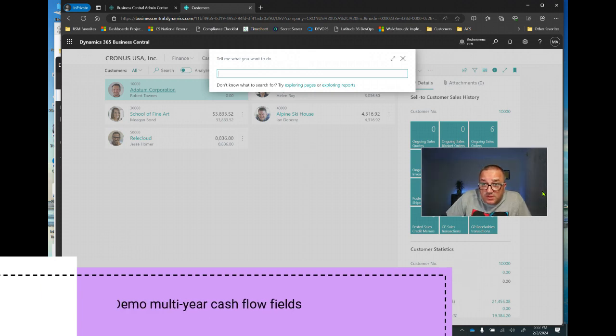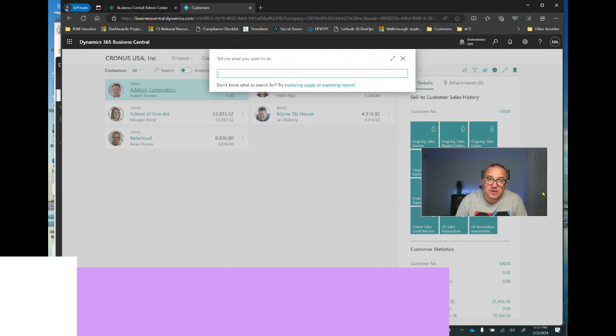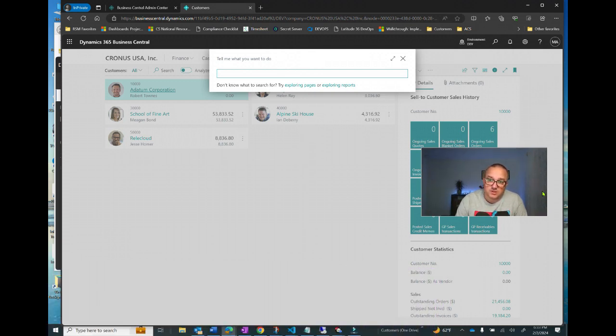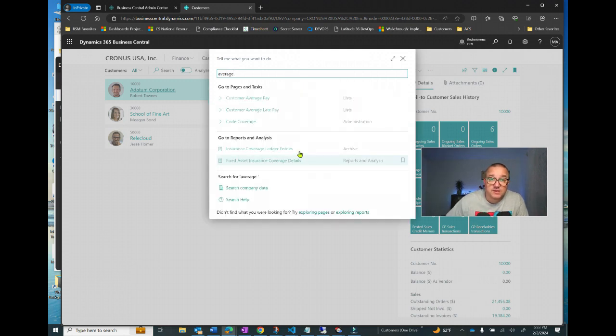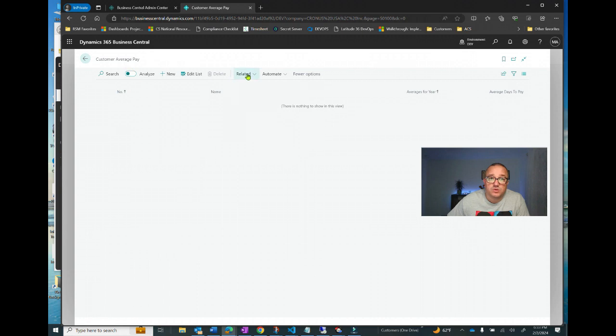Okay, so let's have a look at the 2 small customizations I built for getting the numbers, the average late days and average pay days for our customers for all the years, not just the current fiscal year. If we type average here, that's where the pages are, like customer average pay. It's already in analyze mode, and that's not what I want.